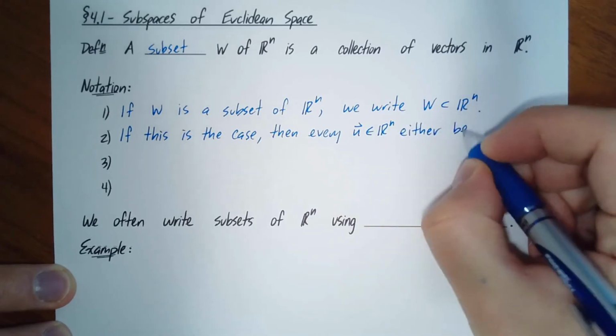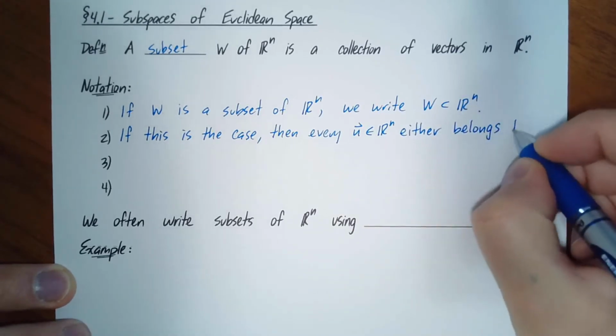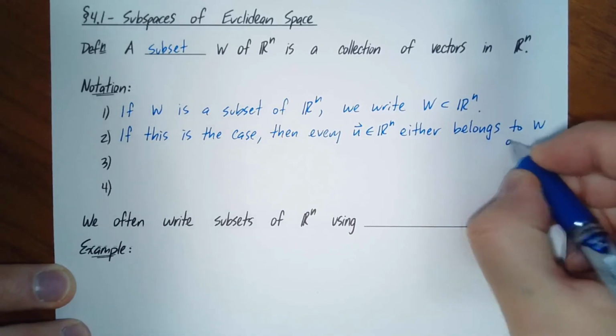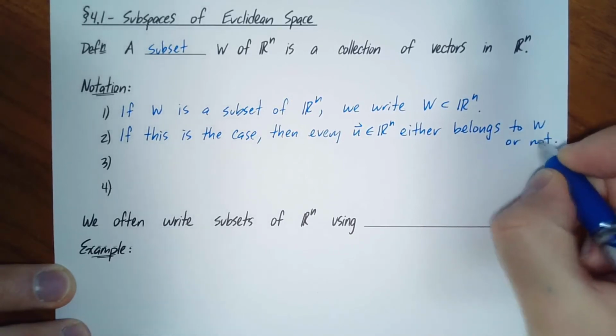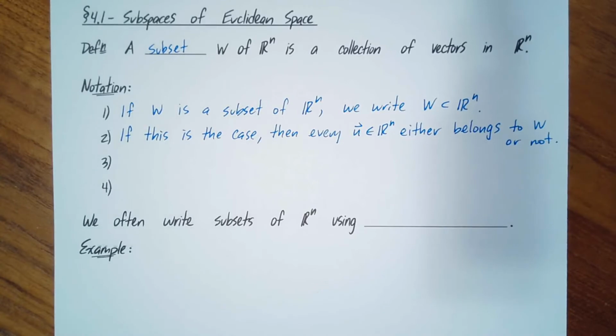Either belongs to W or not, right? Because if W is a collection of vectors that are all in Rn, and I arbitrarily choose some vector in Rn, it's going to either be in W or it won't be in W. One of those two statements has to be true. That's how sets work.